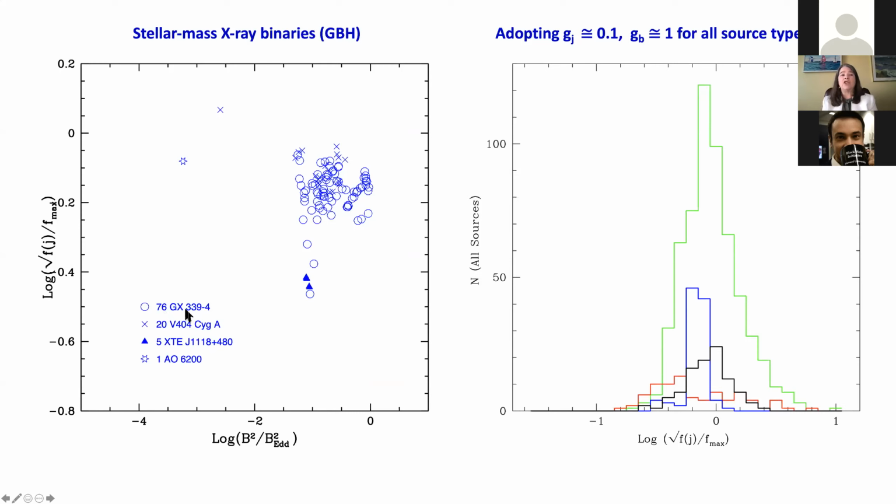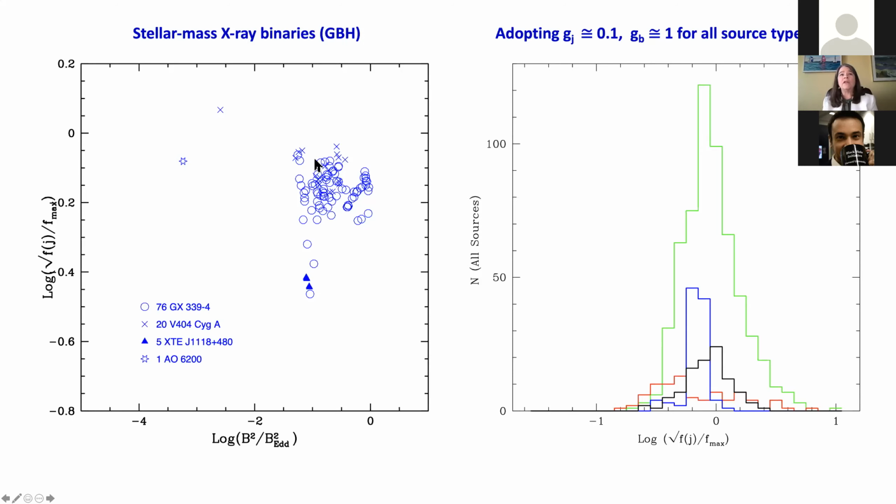The measurements for GX339-4 are shown as open circles. The 20 measurements of V404 Cyg A are shown as crosses. 5 measurements of XTE J1118 are shown as the triangles. 1 measurement of A06200 is shown here. As I mentioned in the discussion of the 2019 paper, I include the value for the 1975 X-ray flare.